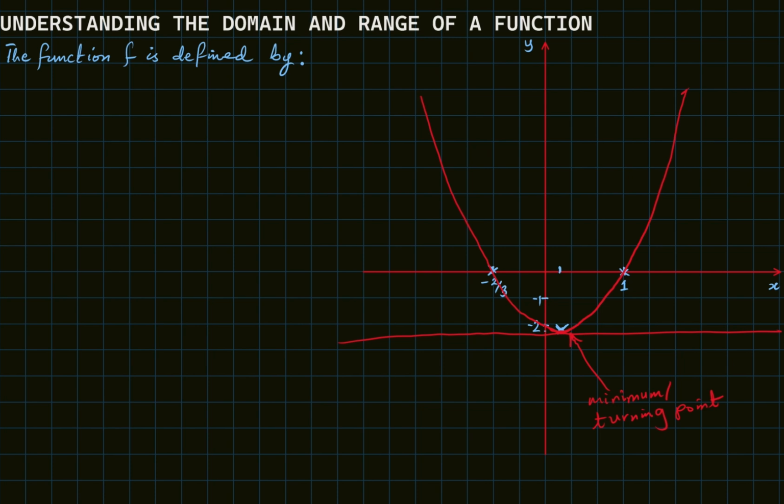It may be good to just put an arrow here to show that this graph continues. So we would have the range as any f of x greater or equal. So the range is every f of x that is greater than negative 25 over 12.